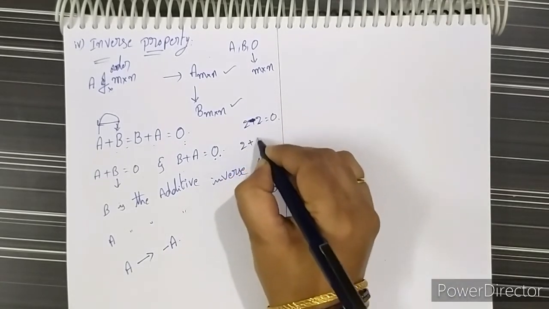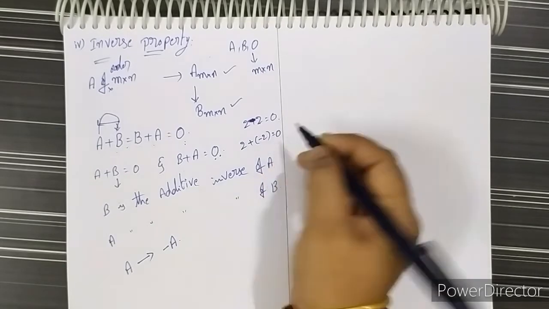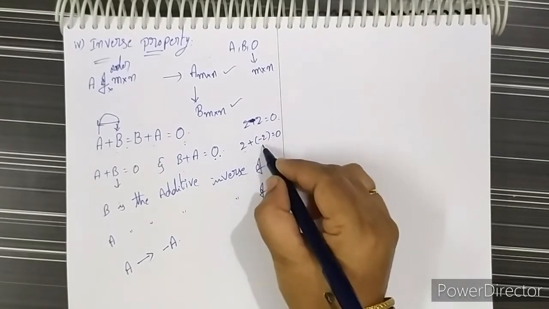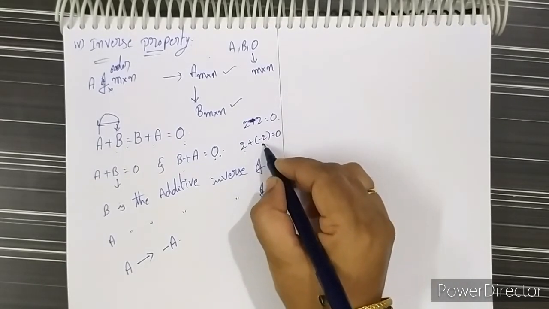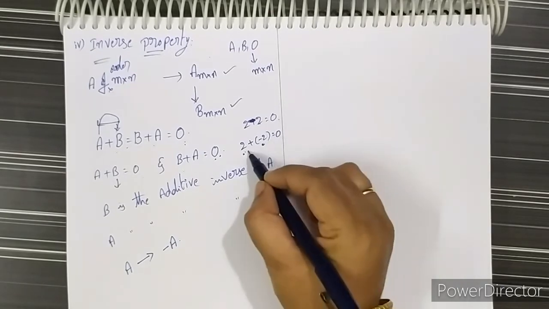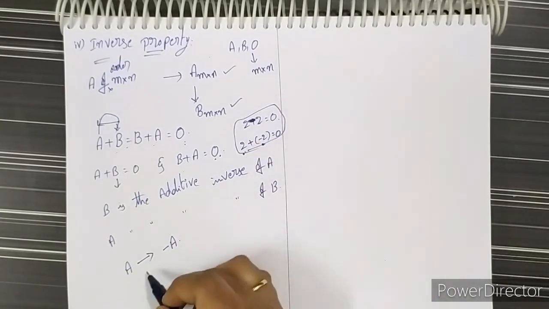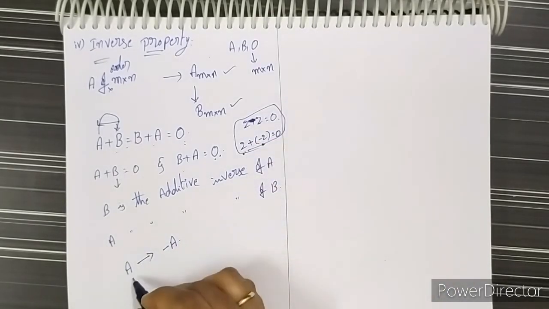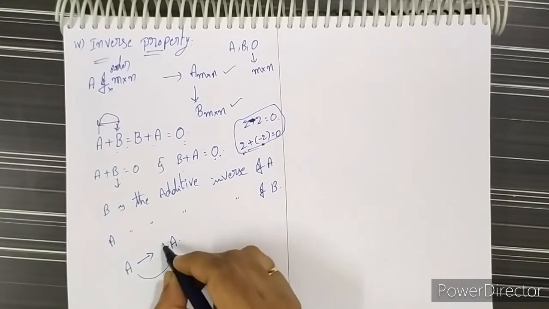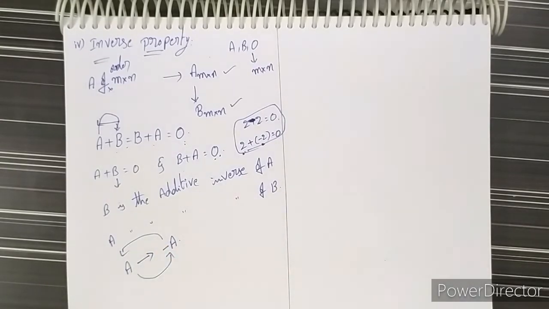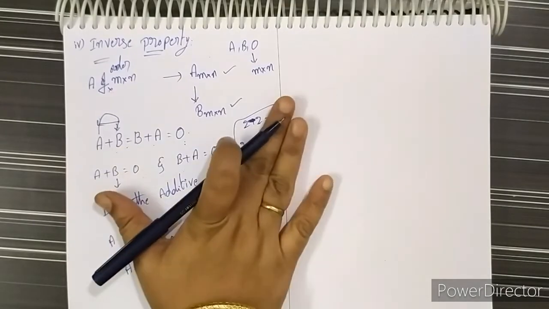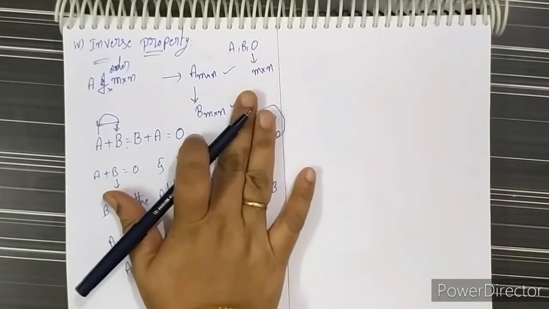Then 2 is the additive inverse of minus 2, and minus 2 is the additive inverse of 2. In the same way, in matrix form, A is the additive inverse of minus A and minus A is the additive inverse of A.